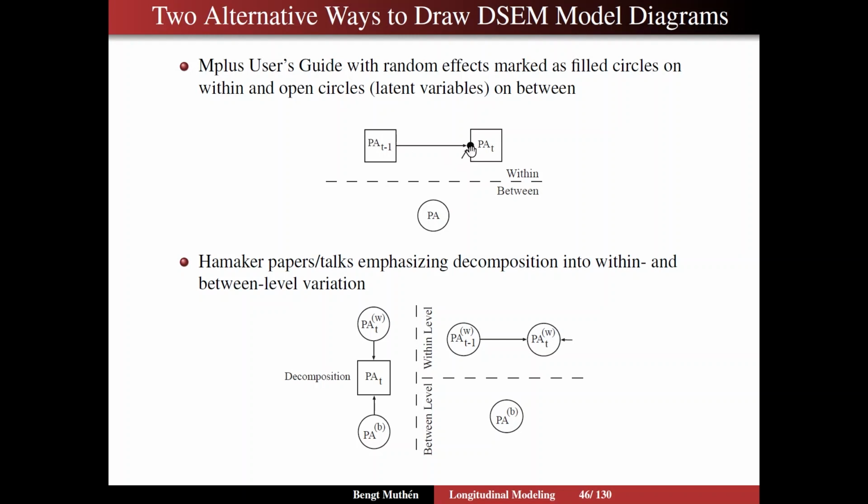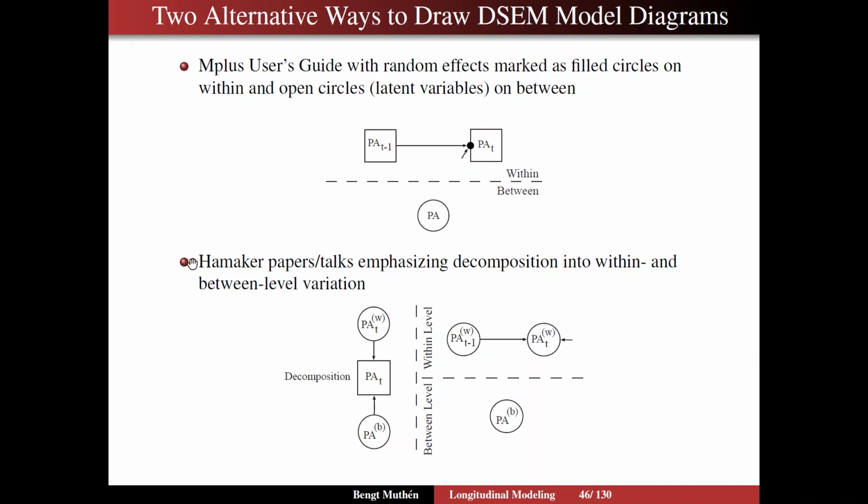You have the intercepts being random, marked as a filled circle on within, which then becomes an open circle, a continuous latent variable, on between. That's very simple visually, but it's not statistically correct because we never regress the observed variable at one time point on the previous time point. It's the within part of it that we regress, and also we do a centering here. But it gives you the general idea, though not very precisely stated.